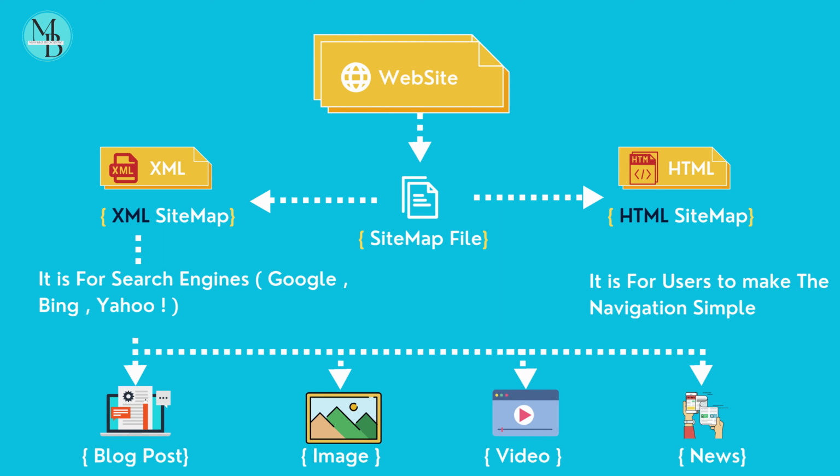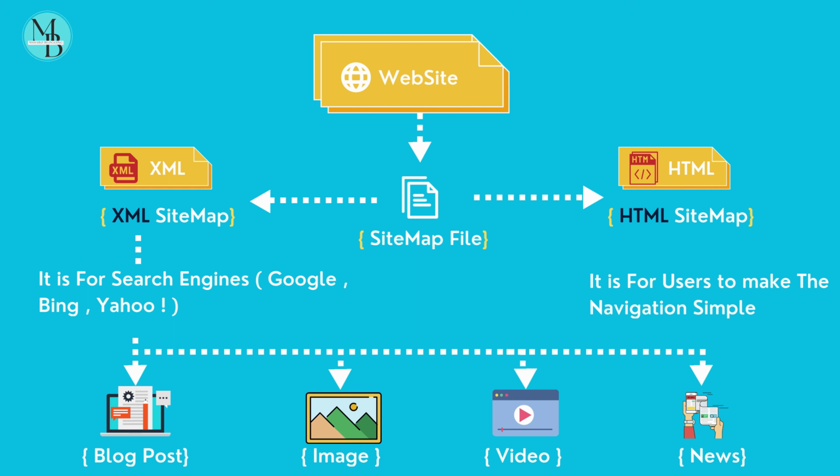Every website has a sitemap, though it is not mandatory to have a sitemap, but it is recommended to have it. There are two types of sitemap, the XML sitemap and HTML sitemap. The XML sitemap is for the search engines like Google, Yahoo and Bing, and the HTML sitemap is for your users' navigation, where users can come and see the number of blogs or which type of blogs and images you have put in your website on one page.